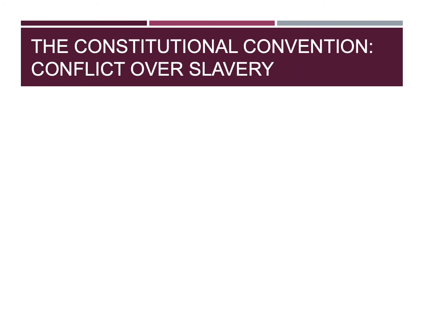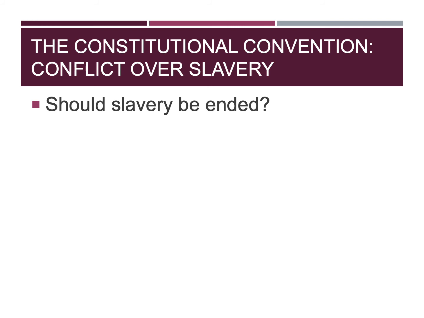The other point of conflict at the Constitutional Convention was the conflict over slavery. As I mentioned before, slavery was legal everywhere in the United States in 1787, except in Massachusetts. So the question: should slavery be ended?